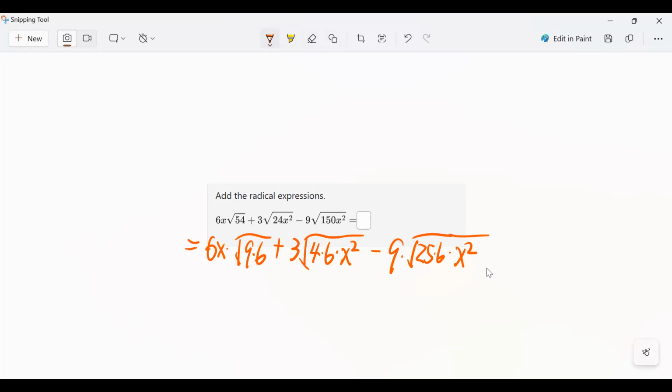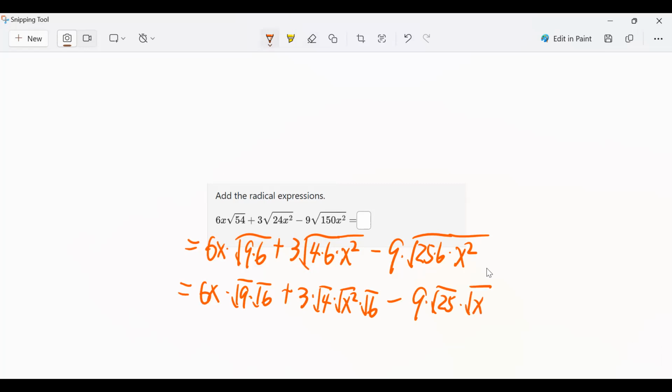Now again, simplify as much as possible. So here 6x times square root of 9 times square root of 6. Here we do 3 times square root of 4 times square root of x squared times square root of 6, minus 9 times square root of 25 and square root of x squared times square root of 6. And simplify further, get rid of all radicals if possible. So 6x times 3 radical 6.